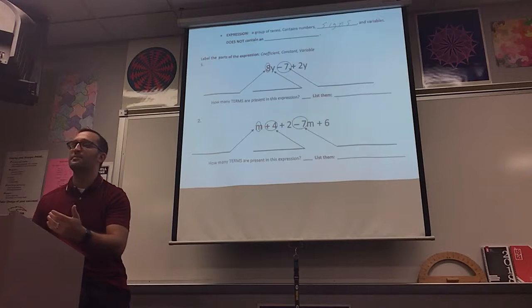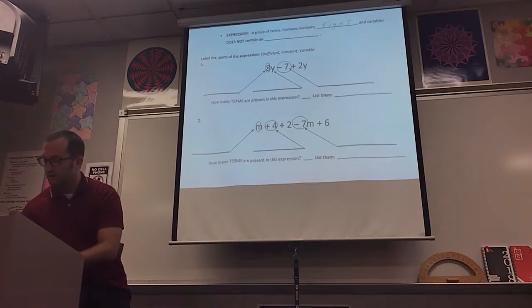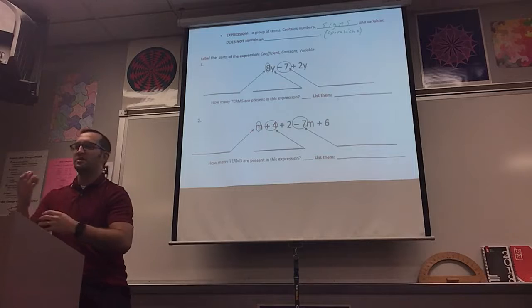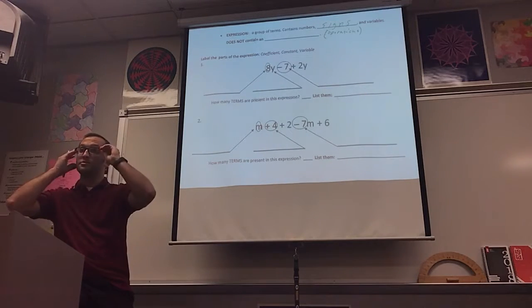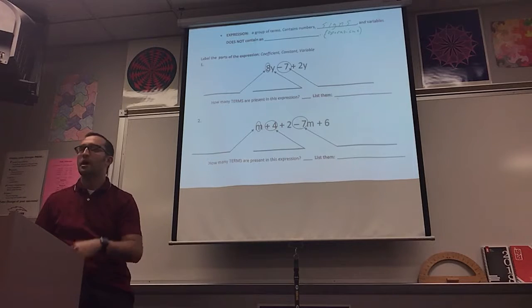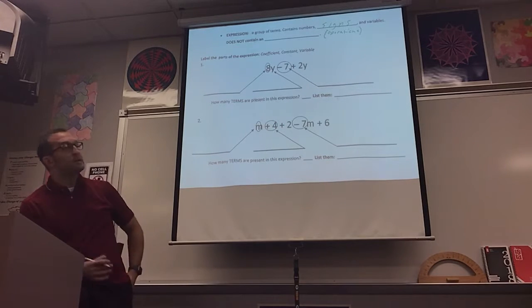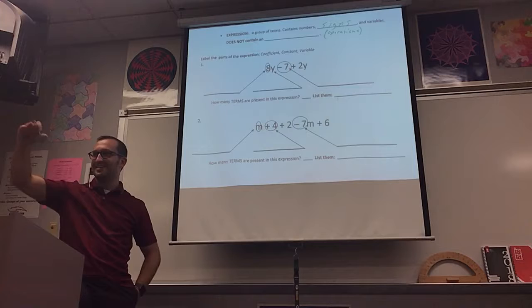And really, we're thinking about signs in terms of operations: pluses, minuses, times, division, square roots, exponents. Those are expressions, okay? Operations, signs. It does not contain an equal sign.